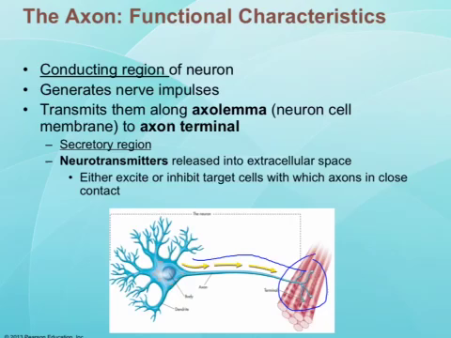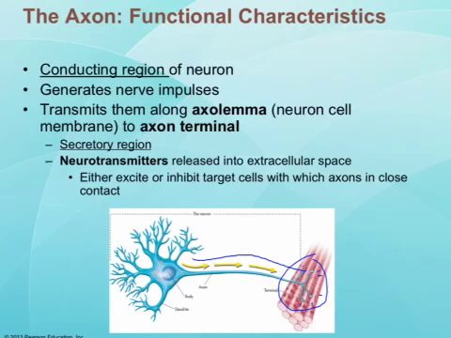It's the axon terminal, and the axon terminal is a secretory region. The axon terminals are the locations that secrete different neurotransmitters, like dopamine, like serotonin. All those neurotransmitters are released from those small axon terminals. Remember the acetylcholine that is released from the neuromuscular junction, from the axon terminal of the motor neurons.